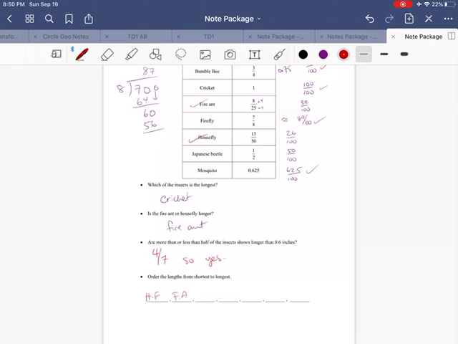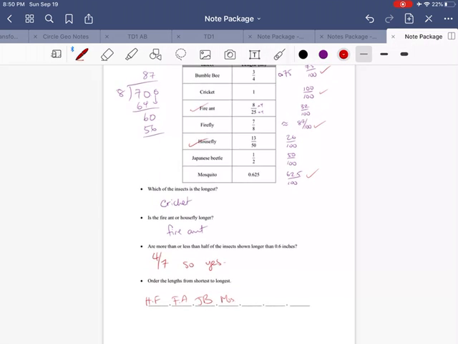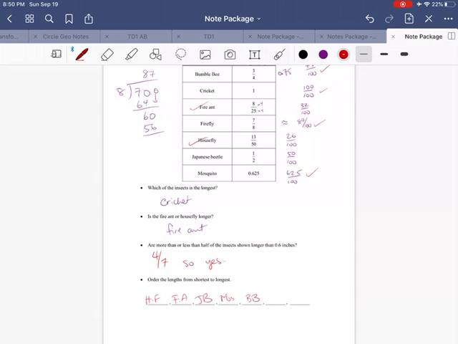And then the Japanese beetle. Okay, and then the mosquito, followed by the bumblebee. And then we get the firefly, followed by the cricket.